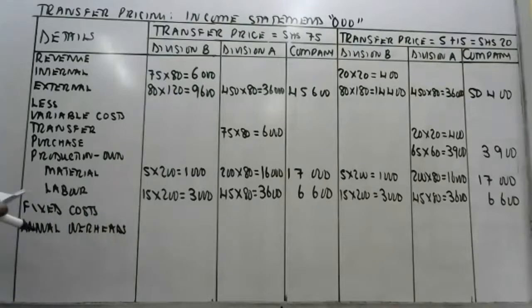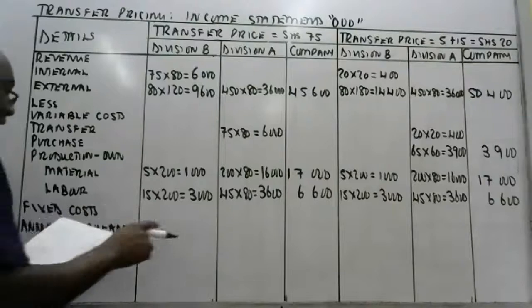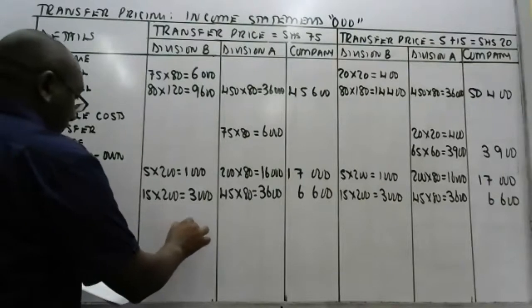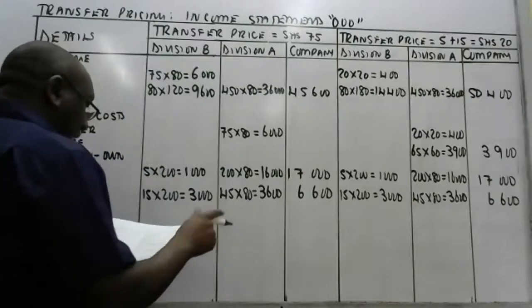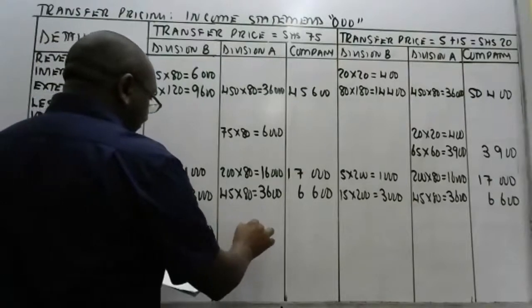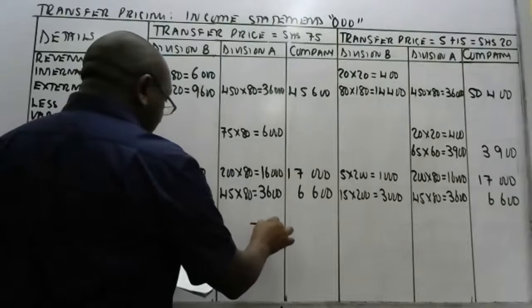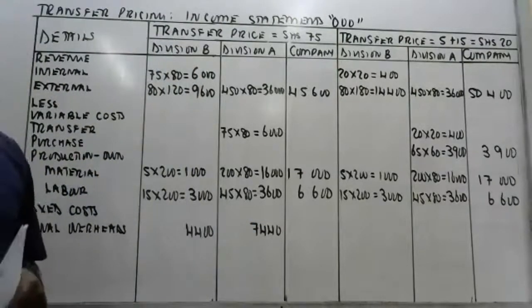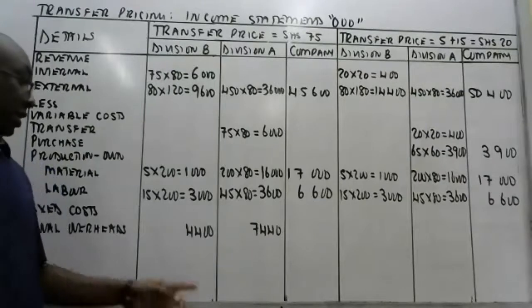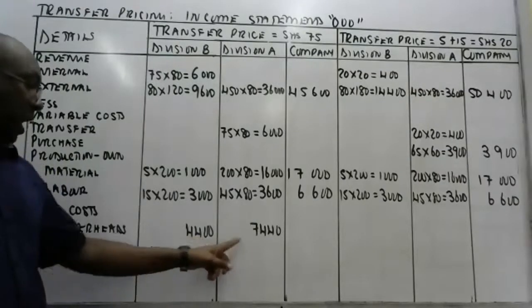For division B, as you can see there, it is 4,400. Division A, it is 7,440. Now those two will be felt by the company. So give me this plus this.